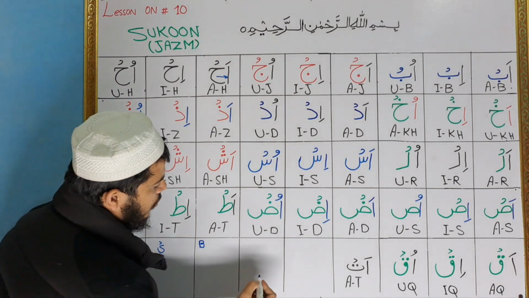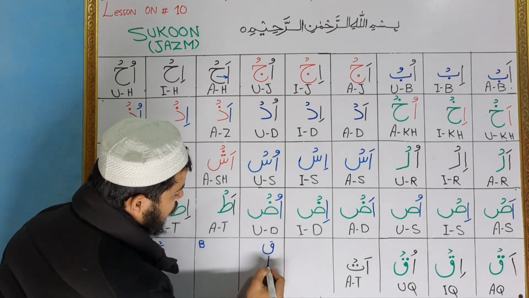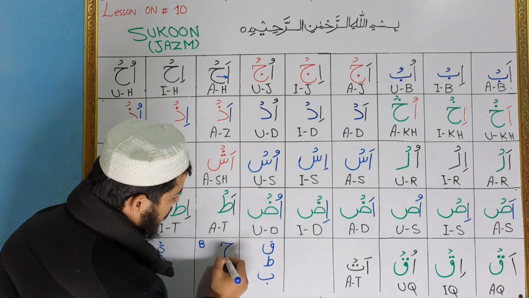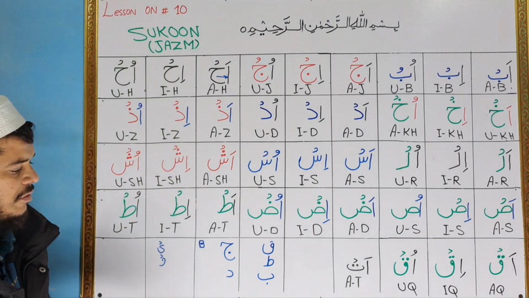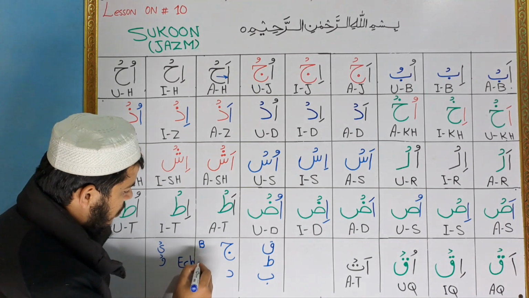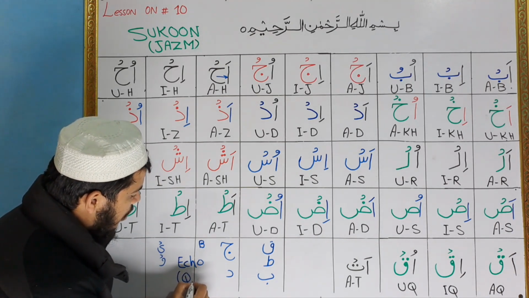There are a few letters, qaf, ta, ba, jim and dal. These 5 letters are called echo letters, or in Urdu we call them qalqala letters.